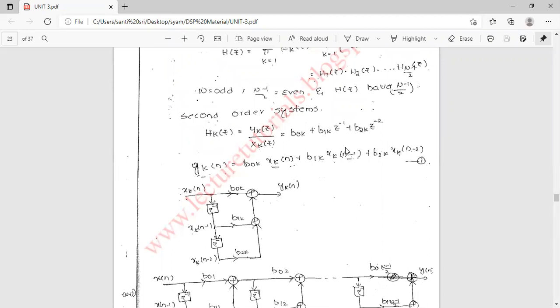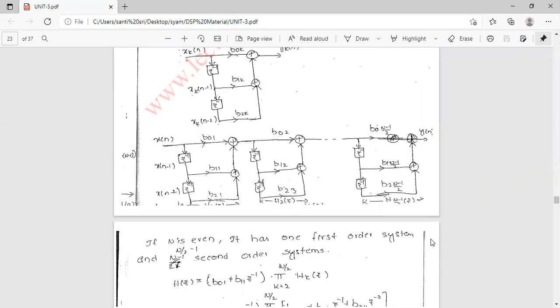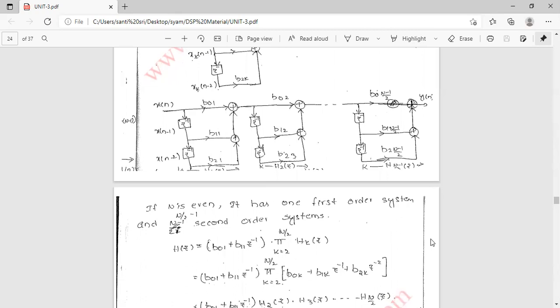What is Xk(z)? Xk(z) is nothing but xn into b01 plus b11 into xn minus 1 plus b21 into xn minus 2. This is H1(z). Similarly, this is H2(z), H3(z), up to H(n minus 1)/2(z). So if n is odd, then this is the structure.